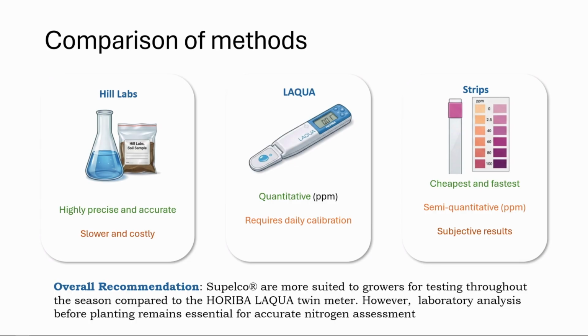It's just that they're not an exact replacement for the laboratory. The Hill Labs are highly precise and accurate. However, the downside to this is that they're slower and they're quite expensive. Put your sample in, 1 to 2 weeks. So if you need a quick decision for fertilizer application, that's not ideal.